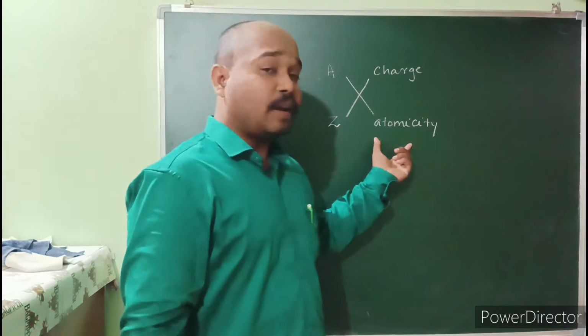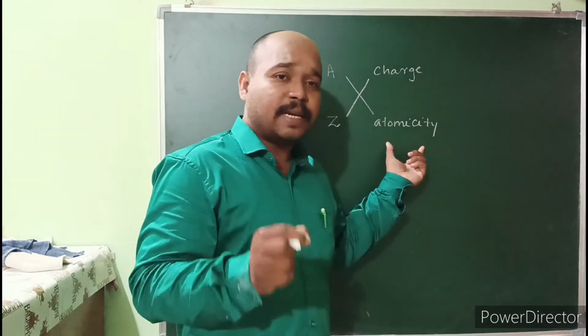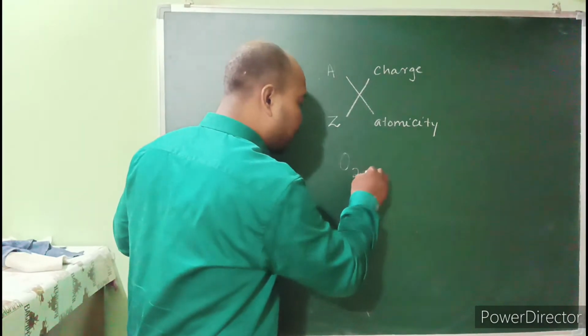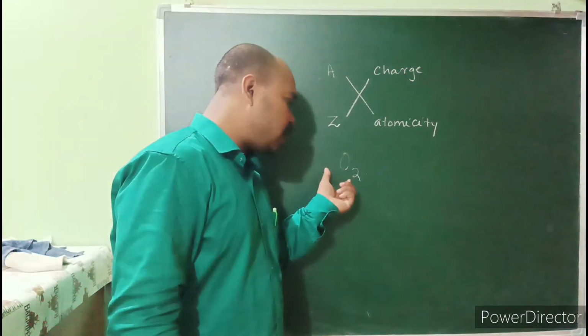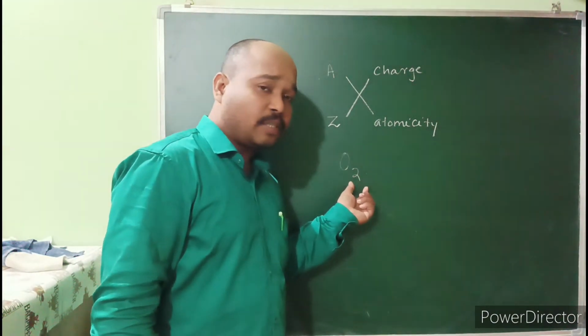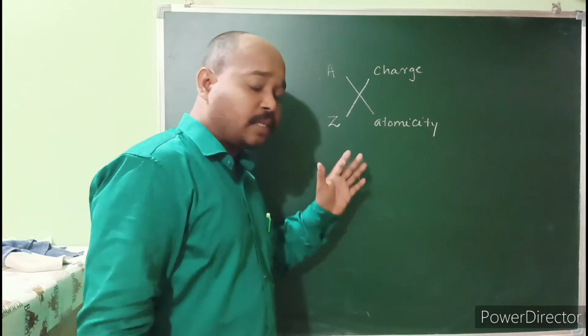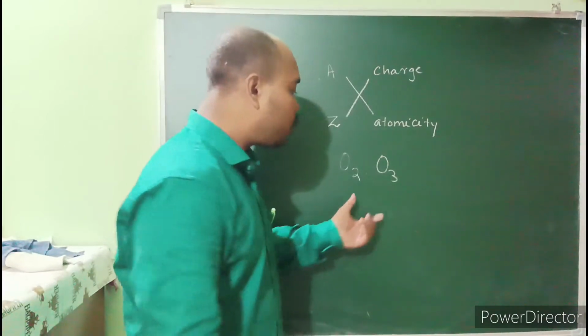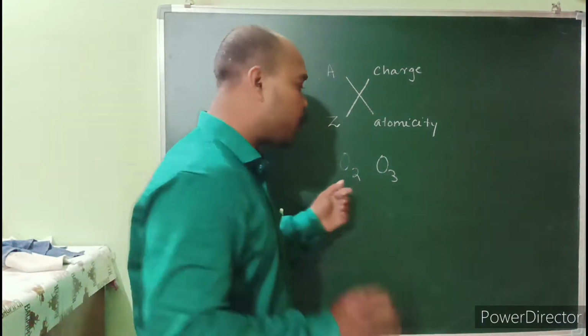Atomicity is the number of atoms present in a molecule. Consider oxygen: ozone has three atoms, that's why its atomicity is 3.